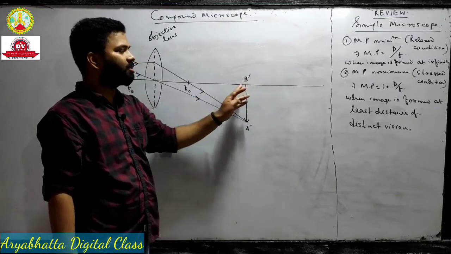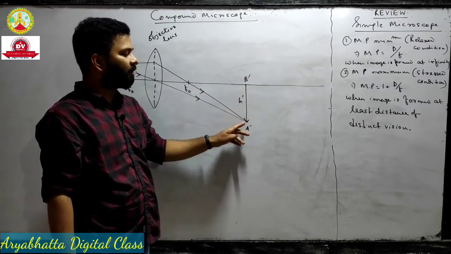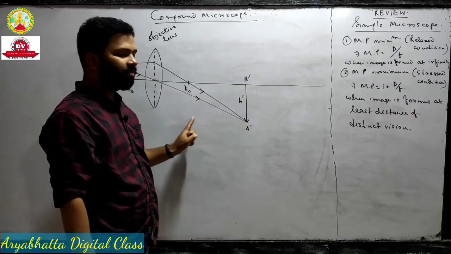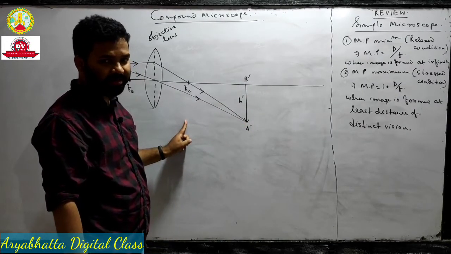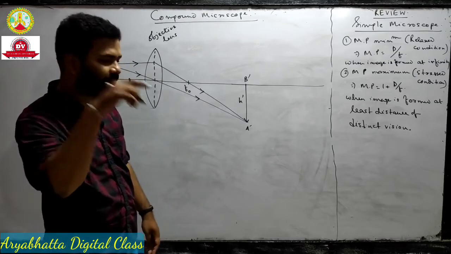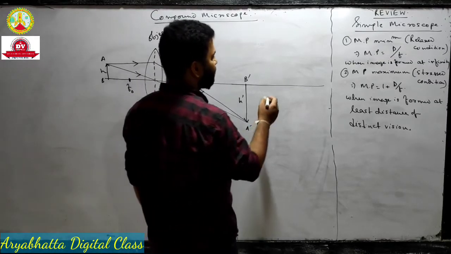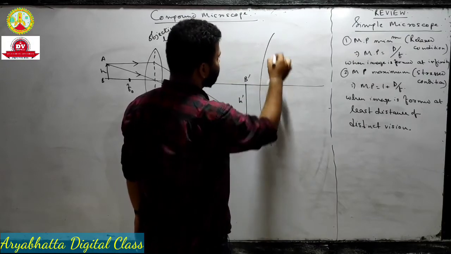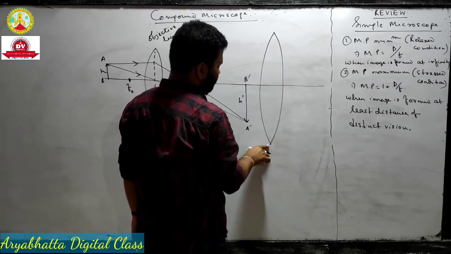and if this object is within the focal length of that lens, then an image will be formed on the same side of the lens. Okay, this is like your simple microscope. Let us draw it. Once we draw it, everything will be understood. So this one is the other lens.